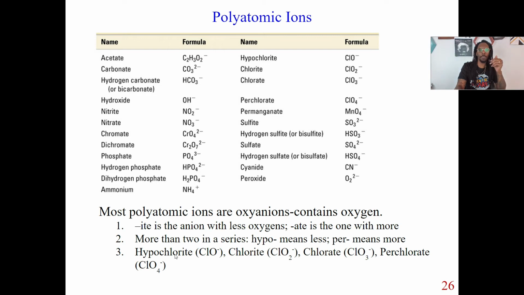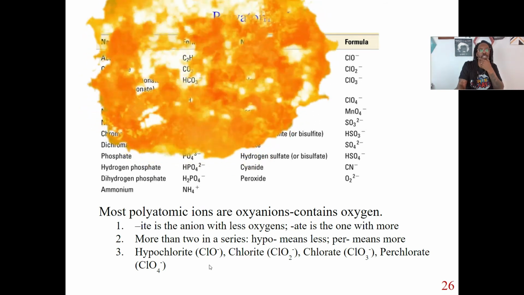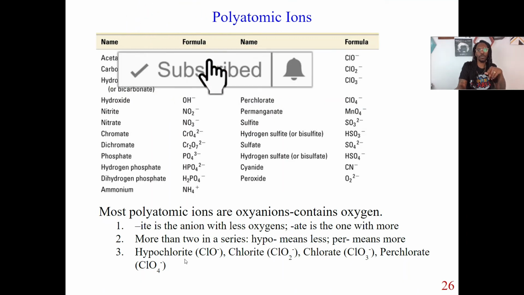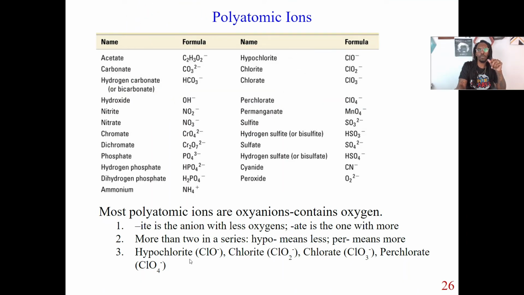If we think about a series, let's think about the series of polyatomic ions that has chlorine in them, the chlorine with the oxygen. Let's look at this first one here: hypochlorite. Hypochlorite is letting me know that I only have one oxygen.